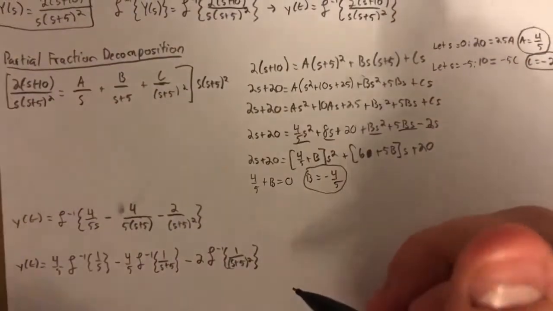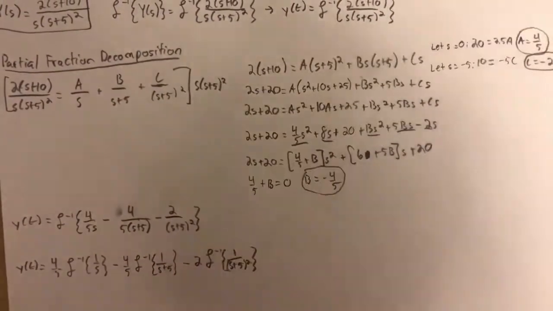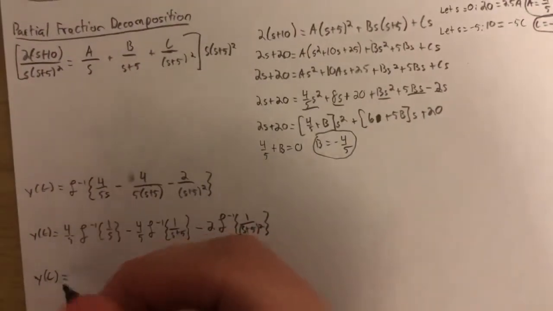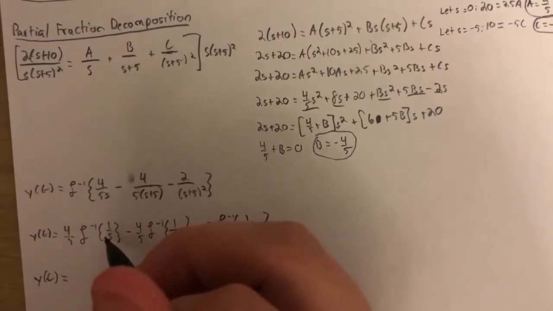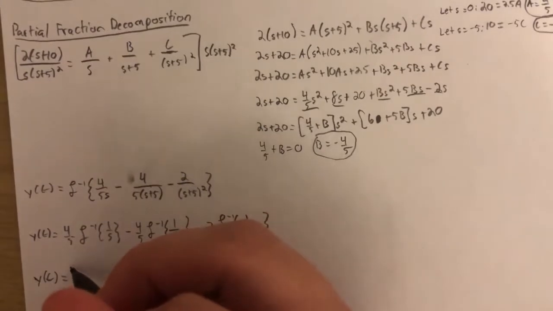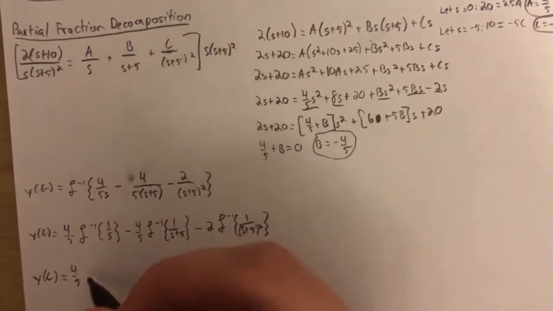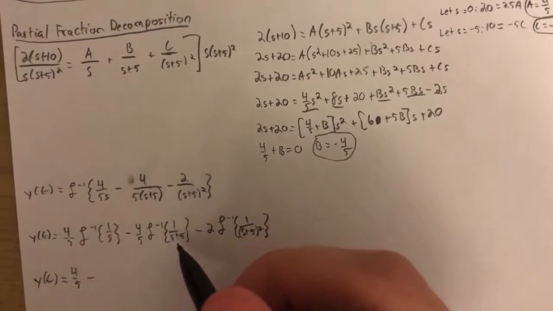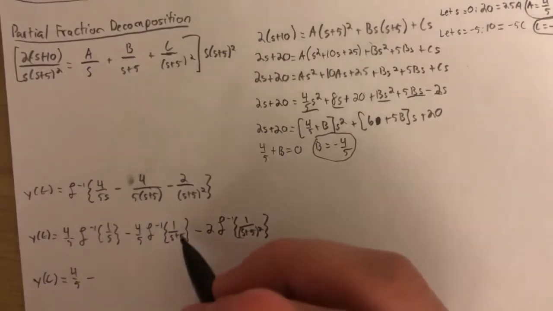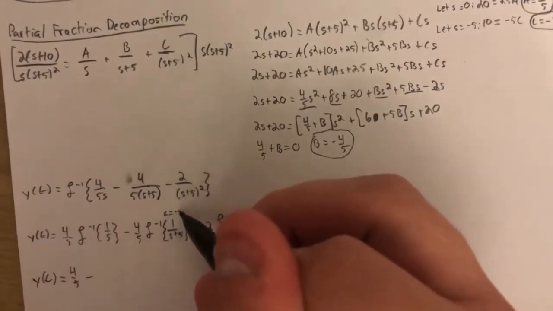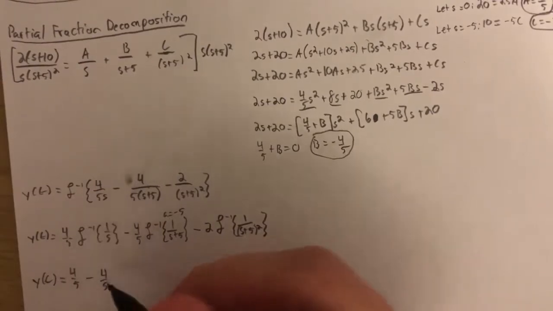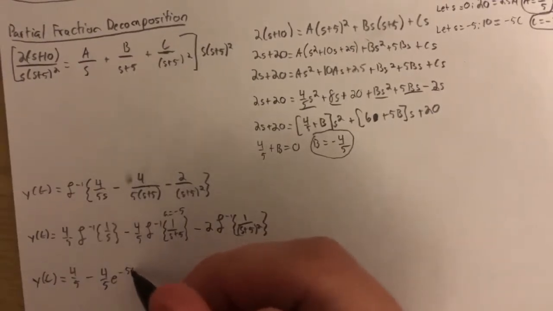So we could start: y of t equals, the inverse Laplace transform of 1/s is 1. So y of t equals 4/5 minus, the inverse Laplace transform of 1/s plus 5 is going to be e to the negative, so a is going to be -5. So we get minus 4/5 e to the -5t.